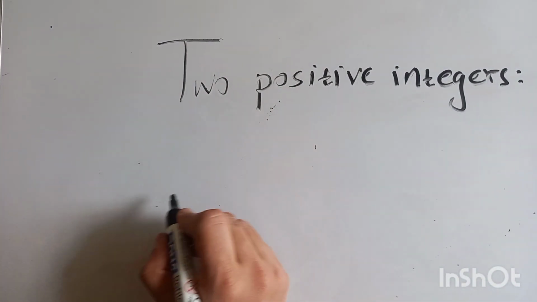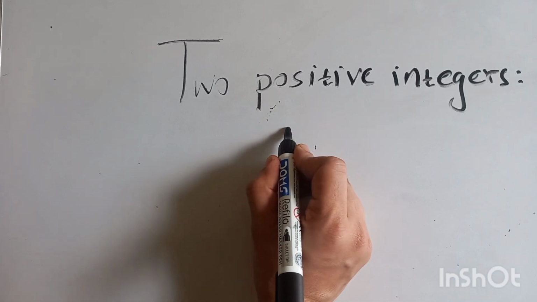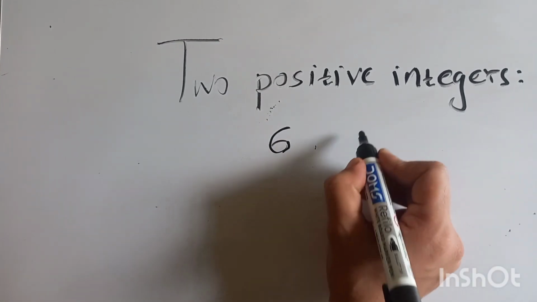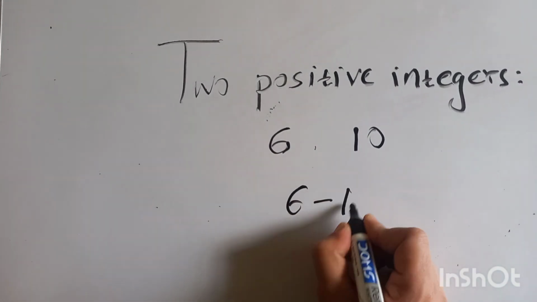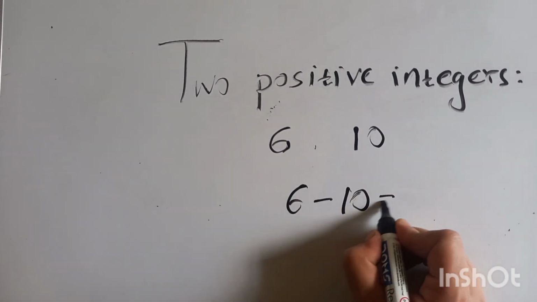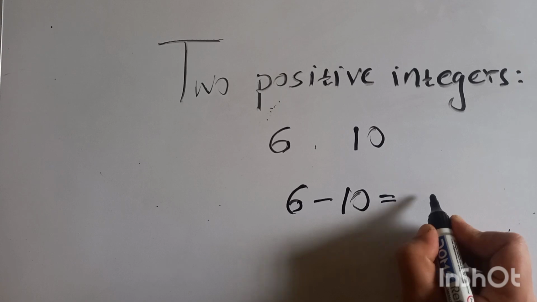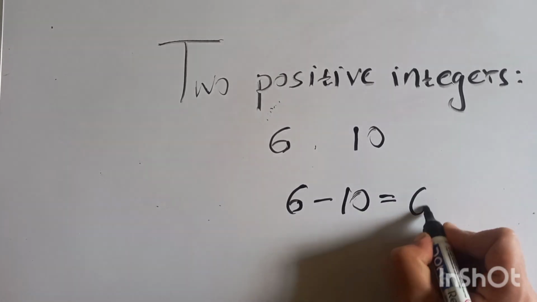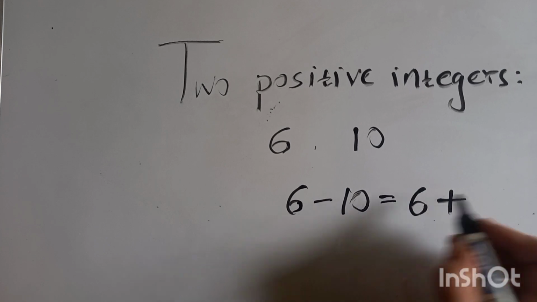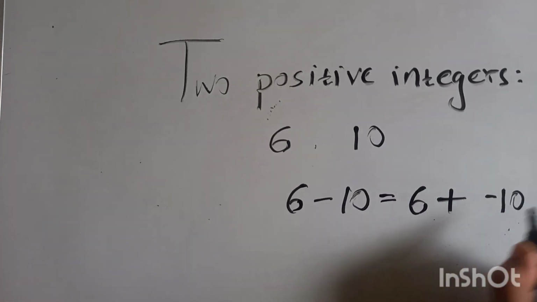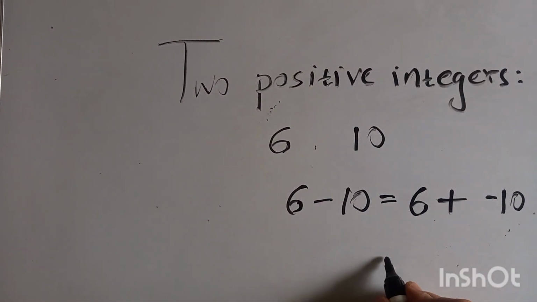a positive integer itself. Let it be 6 and let it be 10, and you are going to subtract 6 minus 10. So instead of subtraction, here you are going to do addition. So 6 plus, and instead of positive 10 we will get negative 10. Now this is an addition operation.